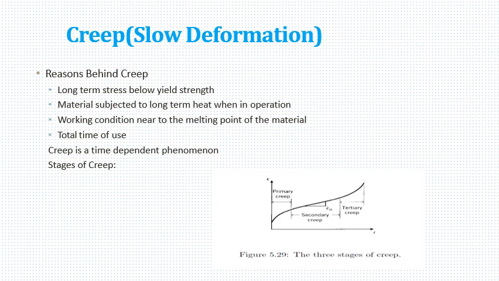The total time of use is also one of the reasons. Creep is a time-dependent phenomenon, and its stages are primary, secondary and tertiary creep. The primary stage has a lesser amount of change, that means the strain will be very minimum. In the third stage it will have the maximum strain.